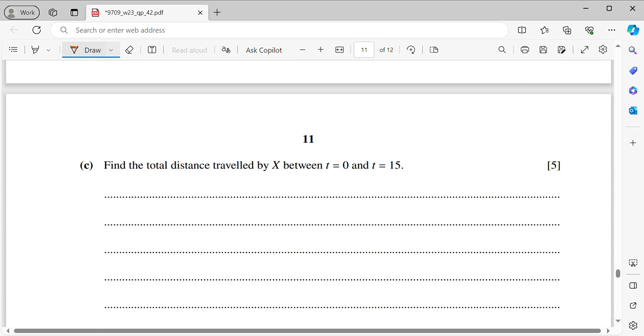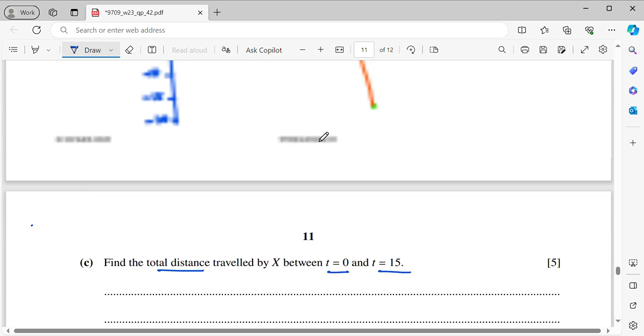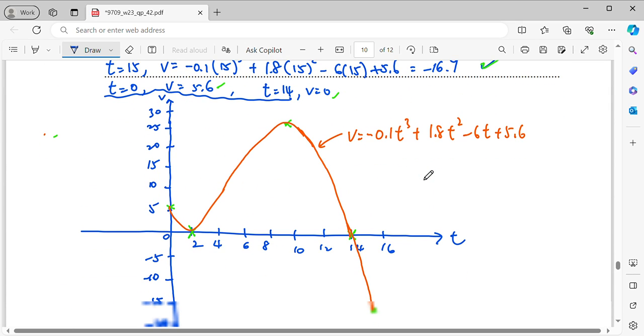Okay, now part C. Find the total distance traveled by x from t equals 0 to t equals 15. Okay, so the total distance is basically the area under the curve. Alright, so now we need to integrate v with respect to t, and here we have to split it into two integrations, because for your information, the area under the curve from 0 to 2 is positive because it's above the x-axis.